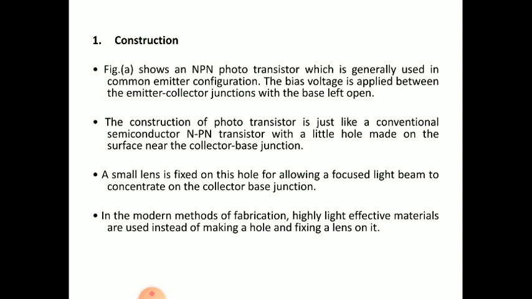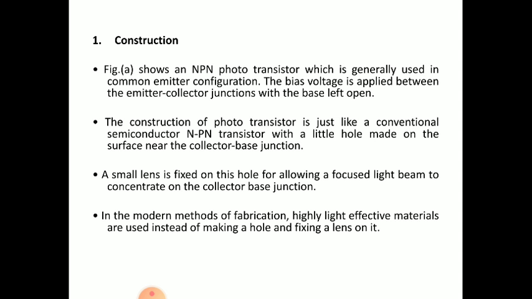Next, the phototransistor. Because the current generated by the photodiode is very small, it is not that useful, so it has to be amplified in order to use in relay circuits, which should control higher voltages in control applications. So we need to design the phototransistor similar to the photodiode. But the main base terminal is not connected to anything. It is left open.